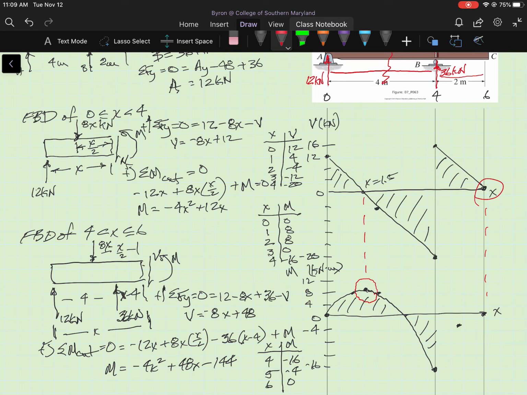So that's where this parabola has a max. So when we sketch this in, we don't have to be perfect with these, but we need to get the general shape. It's coming up and it's maxing right there. If it were to go further, it would start going down the other way. And we'll draw that in, shade that in.